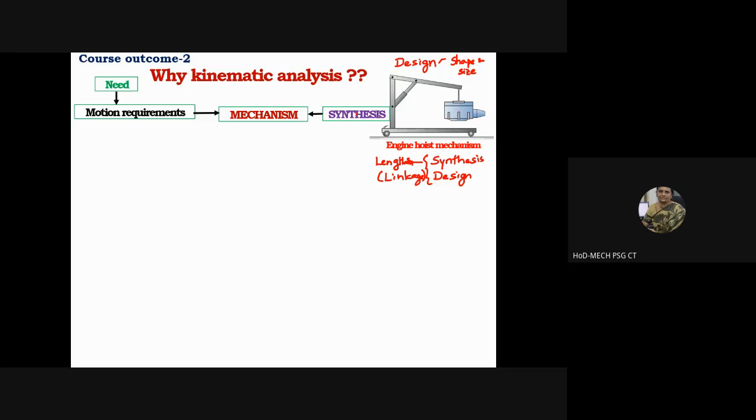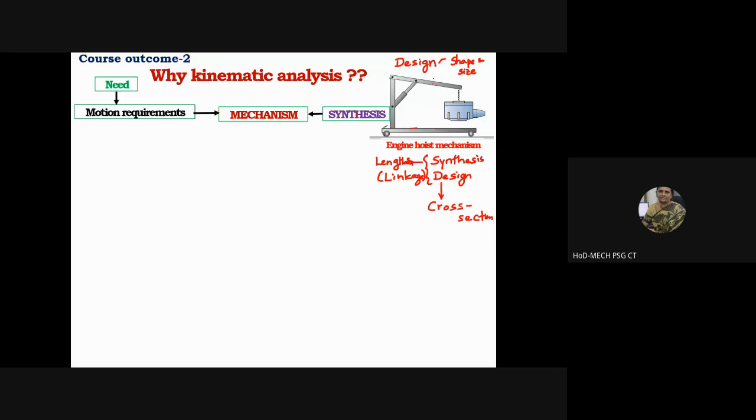Here, the major force is the weight of the engine being hoisted. The first is the length. When I say design, I mean the cross section. Deciding on the cross section is what is called design when it comes to design of linkage type of mechanisms.